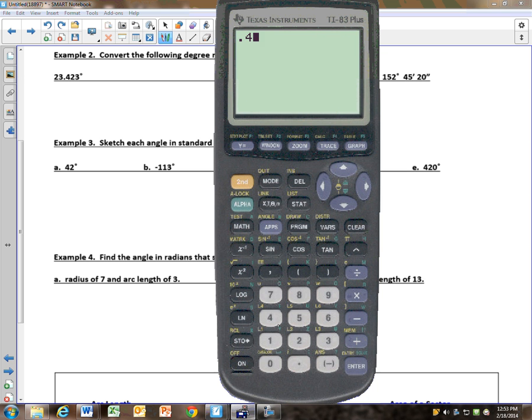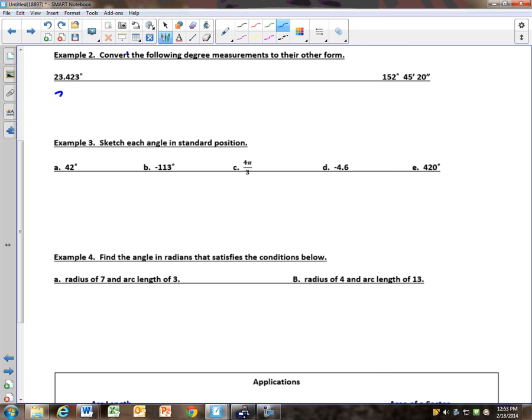In case you got stuck, 0.423 times 60 is 25.38, so 23 degrees, 25.38 minutes.